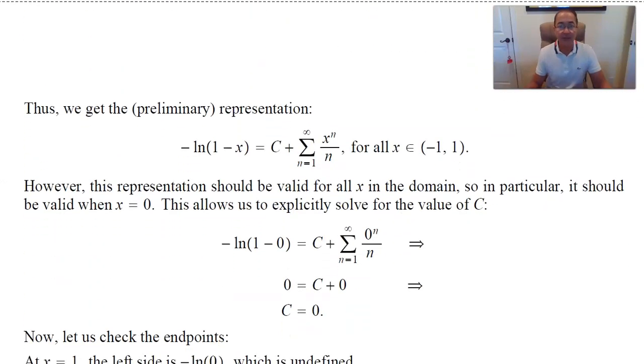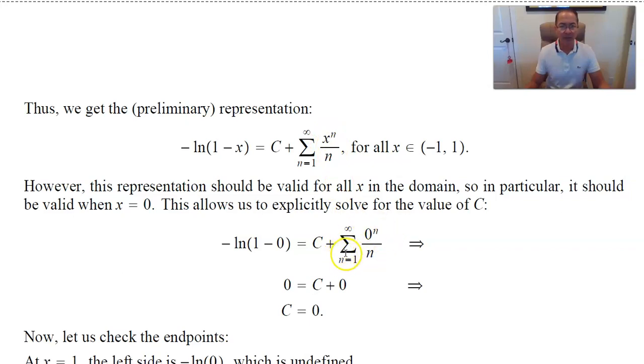So now we have this representation. Minus ln of 1 minus x, the left side, is a constant plus summation n from 1 to infinity, x to the n over n. Okay, so we need the value of c, and this is true for all x from minus 1 to 1. Let's plug in 0. Okay, so we get 0 to the n over n starting at 1.